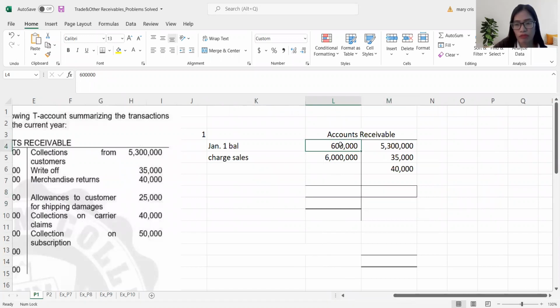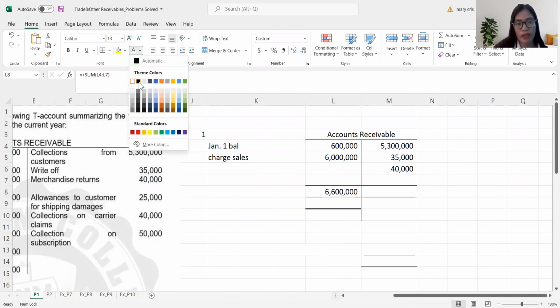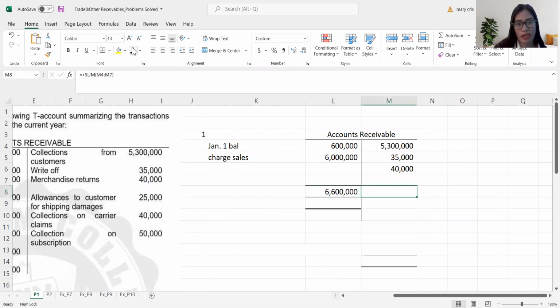So kanina, we have plotted already the different transactions that could legitimately affect your accounts receivable and should be recorded under the account title accounts receivable. So what we're going to do here is just to get the balance of your accounts receivable. So you just add the debits and then you add the credits. Then you offset, of course. So you'll have a net amount of 1,225,000. So that's the gross accounts receivable.